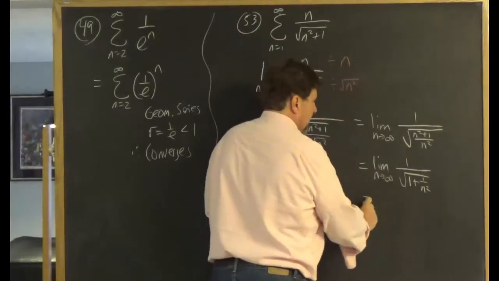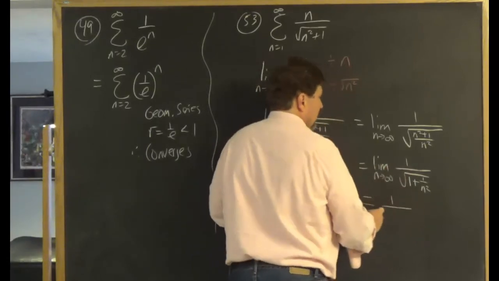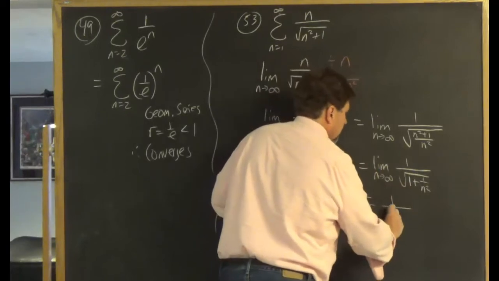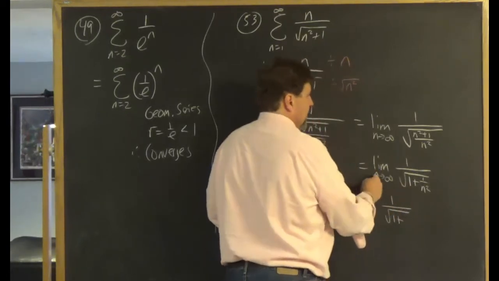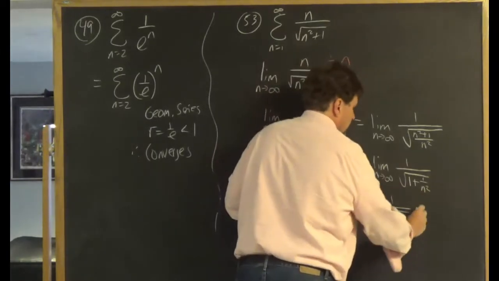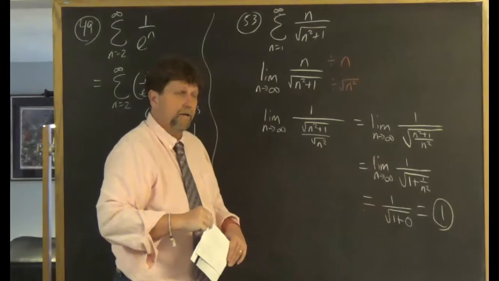And I can do the limit now. The limit as n goes to infinity of 1 is 1. The limit as n goes to infinity of 1 over n squared is 0. I get the limit to be 1.